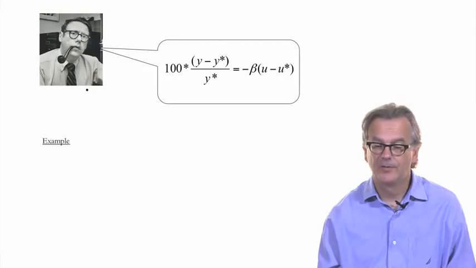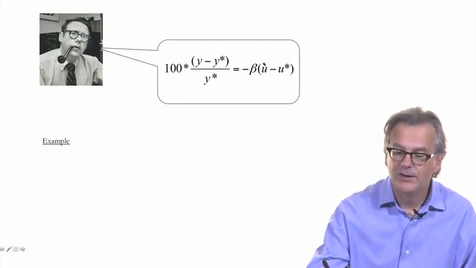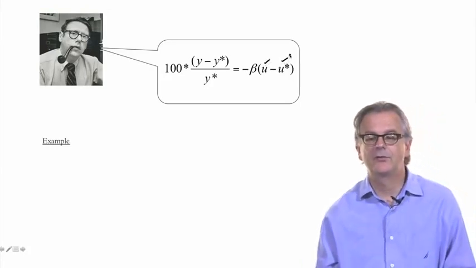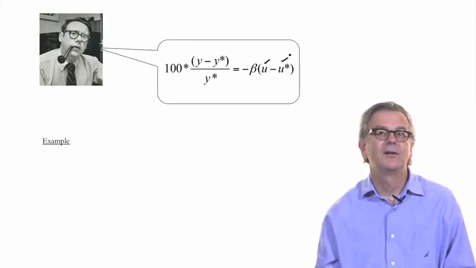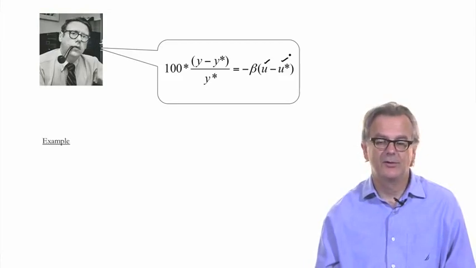On the right-hand side, you can see the difference between the actual unemployment rate and the natural rate of unemployment. Remember, the natural rate of unemployment is the frictional and structural unemployment in the economy. So that term in brackets represents the economy's cyclical unemployment.